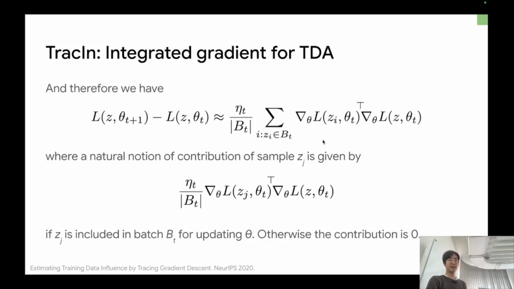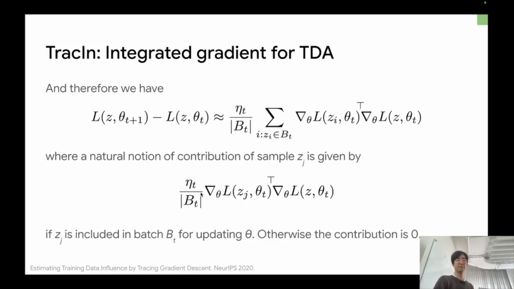So given this kind of summation, the natural notion of contribution for sample Zj is exactly each of these terms in the summation, right? Because you're summing over all the training data here.